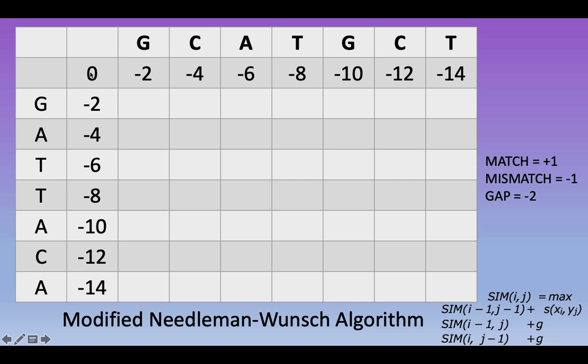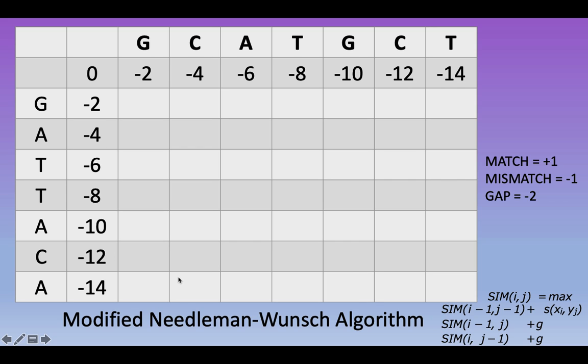If I start at this position at 0 and keep going across here without any matches, I would incur a -2, a -4, a -6, a -8, a -10, a -12, and a -14 penalty. This is basically just me adding in gaps before I ever align these sequences. Same thing here. If I keep adding in gaps, it's going to be -2 every time, right? So that's how I fill out this value.